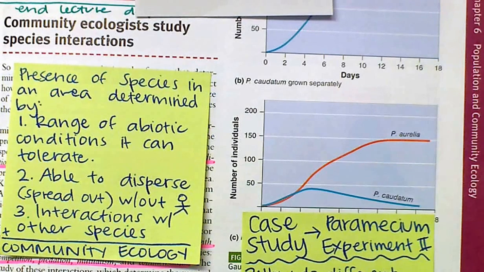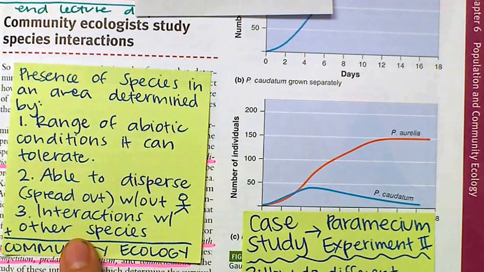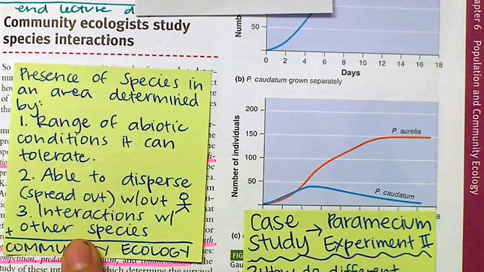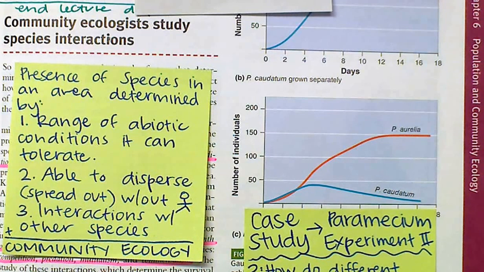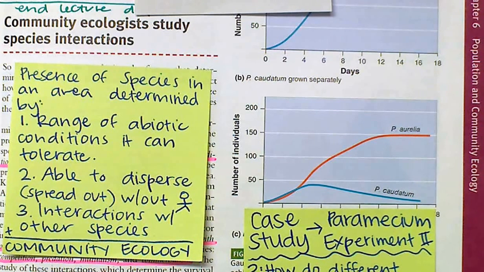All right, so first we have species interactions in a community, and that's what we're going to summarize as community ecology. To help understand, what species are going to be in an area is determined by a couple of different factors.